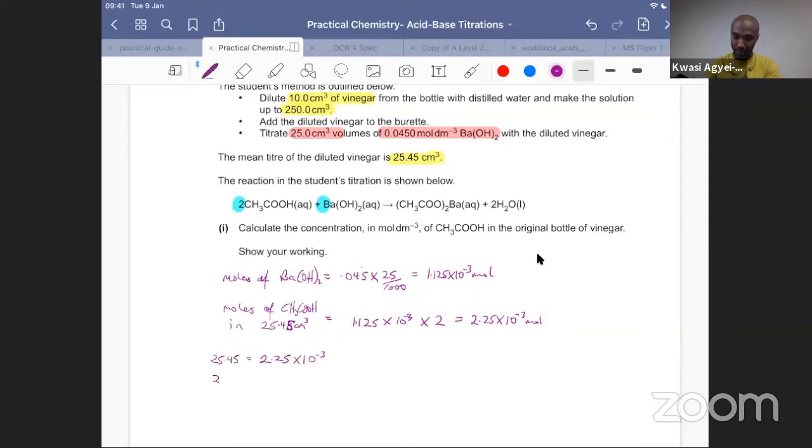Therefore, in 250 centimeters cubed, we're going to have 2.25 times 250 divided by 25.45.